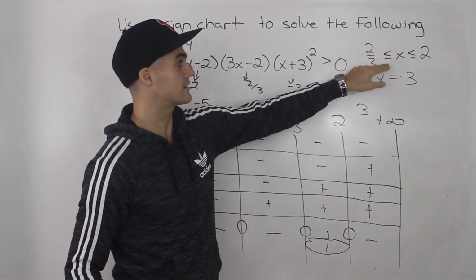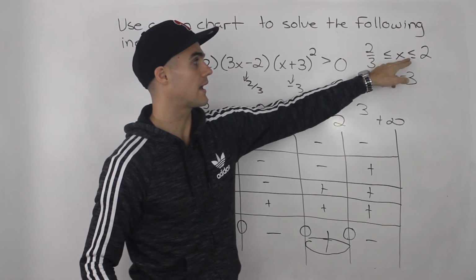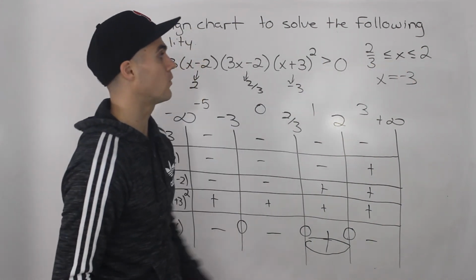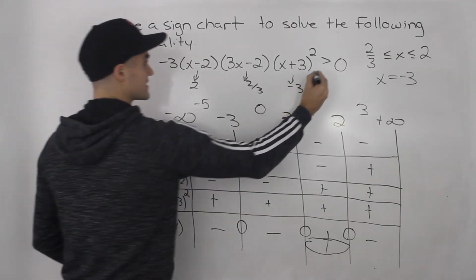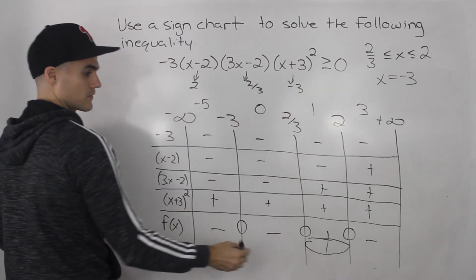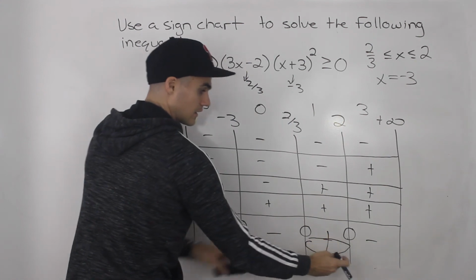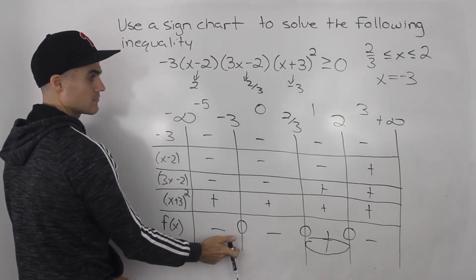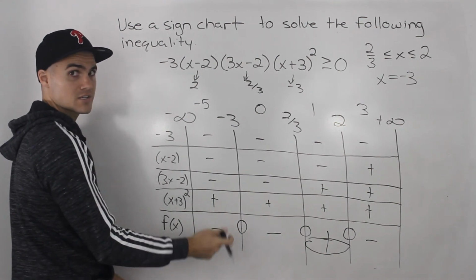But it would be x is greater than 2 over 3 and less than 2. We wouldn't include that equals in the inequality symbols. But because it's greater than or equal to 0, it's this interval here, inclusive of the endpoints, and this x value of negative 3, because that is an intercept.